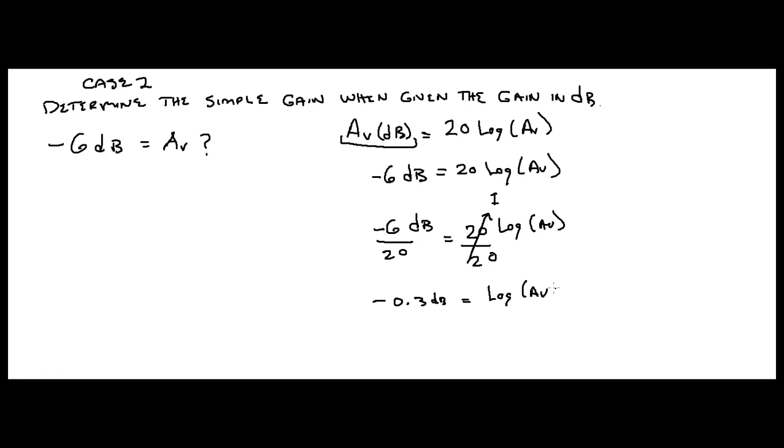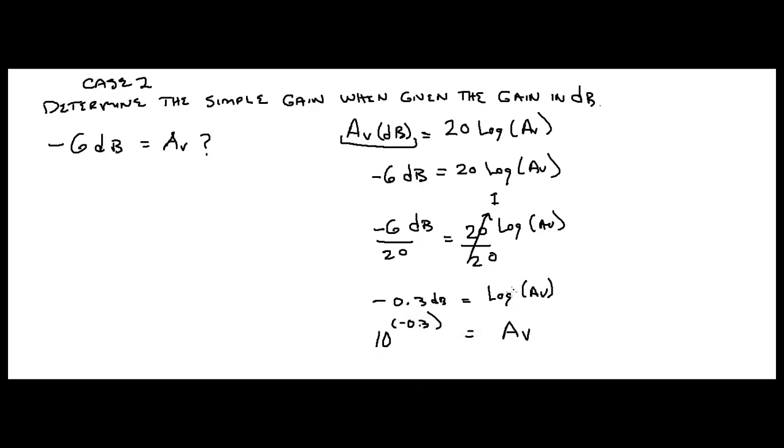So now we want to find out what's going on with AV. We have to get AV. How do we do that? We raise each side to the power of 10. So 10 to the minus 0.3, that's a 3 there, is going to be equal to AV.